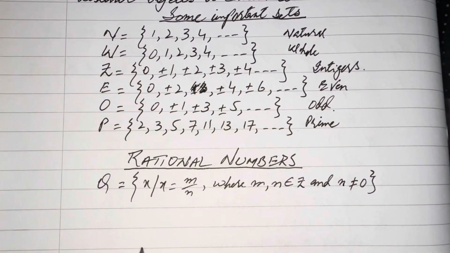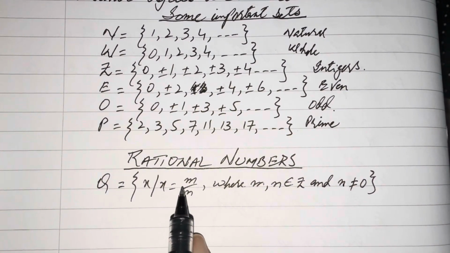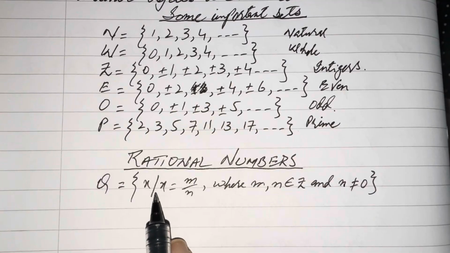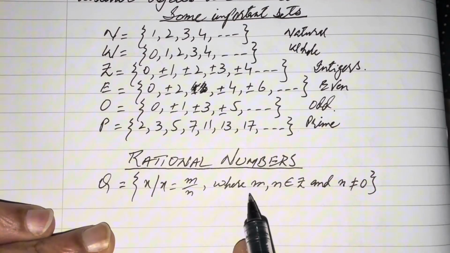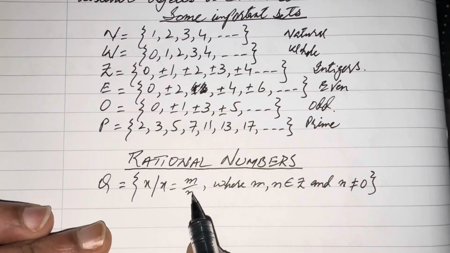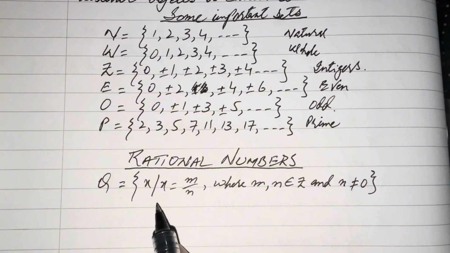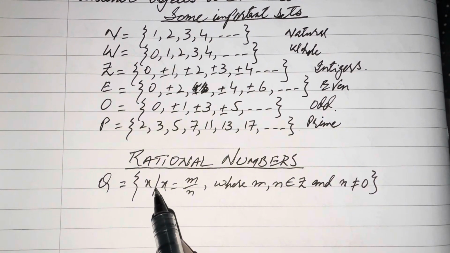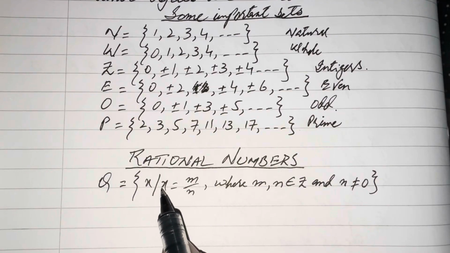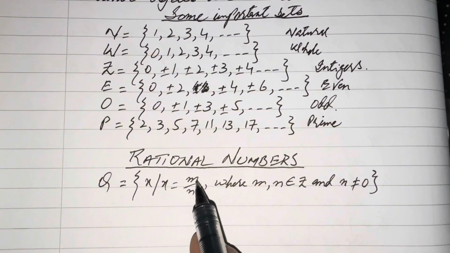So this is the form of the rational numbers, where we can explain what the rational numbers are. This form of the set is called the descriptive form, where we read this statement as x, where x is equal to m over n.